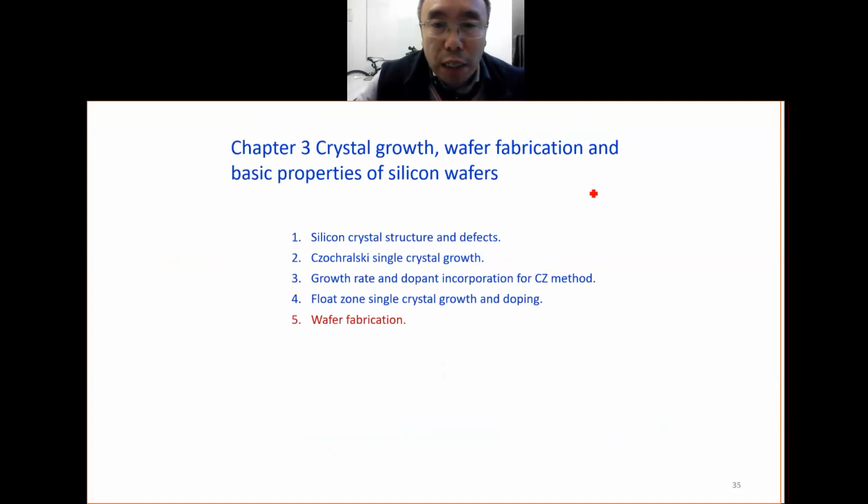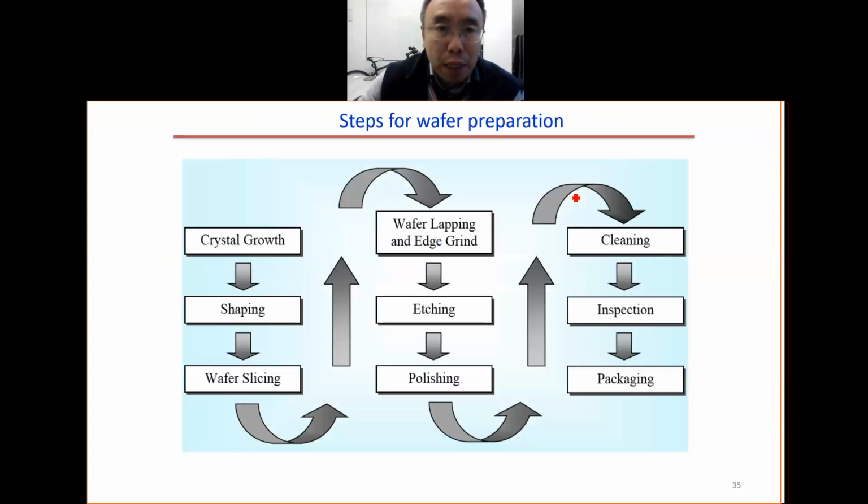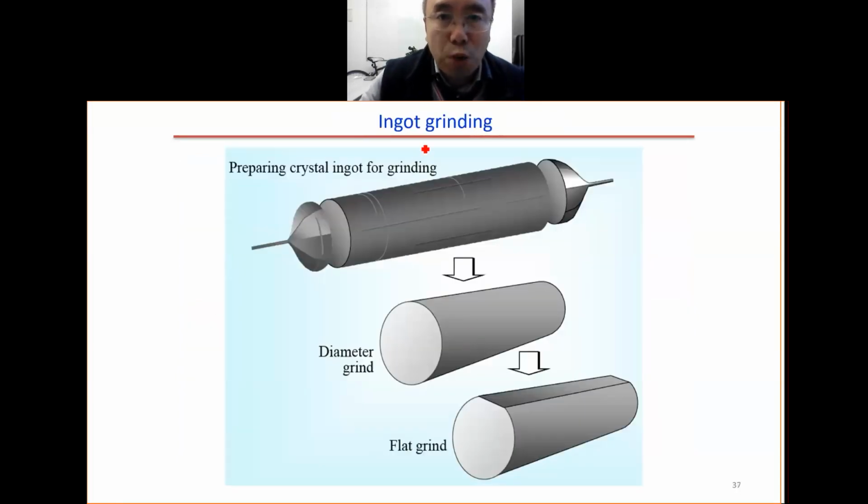So now we look at the wafer fabrication. Roughly speaking, we have crystal growth with shaping, slicing, lapping and grinding, etching, polishing, cleaning, inspection, and packaging. We don't need to know the details of each of the steps. First is the grinding. If the diameter is not 6 inch or 8 inch, we need to grind it to have the right diameter, for example, 6 inch or 12 inch.